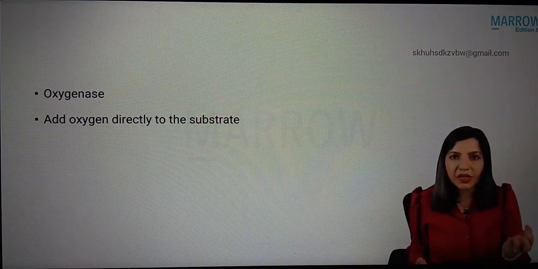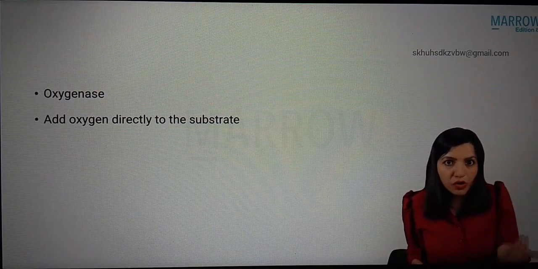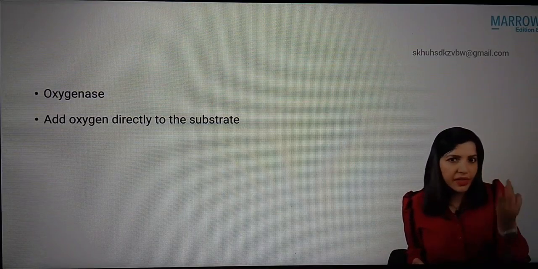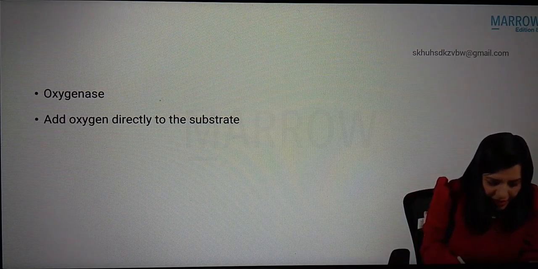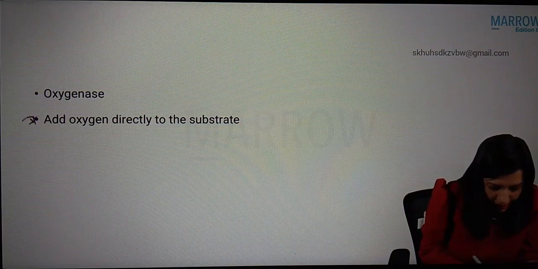Then what is oxygenase? Again, it is a subclass of oxidoreductase. We have learned dehydrogenase, then oxidase, and now oxygenase. Oxygenase adds oxygen directly to the substrate.